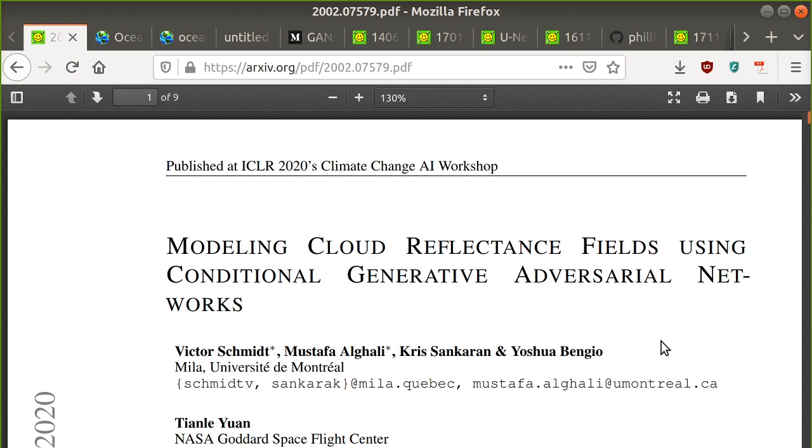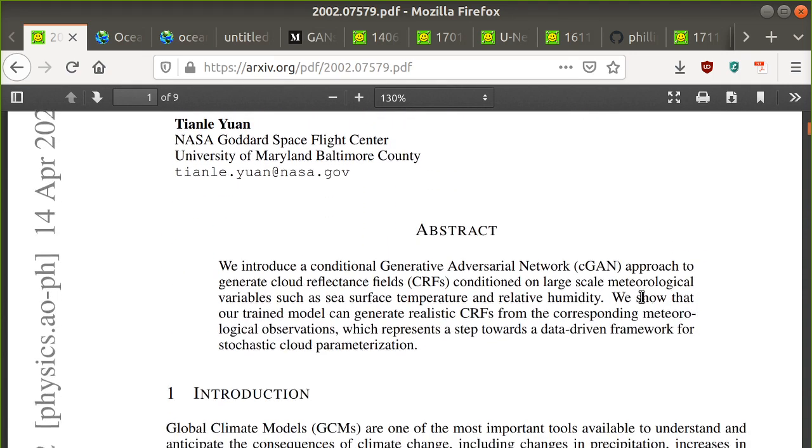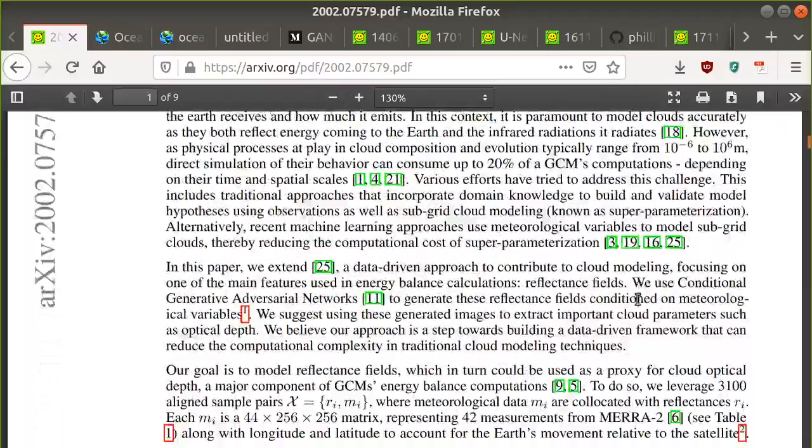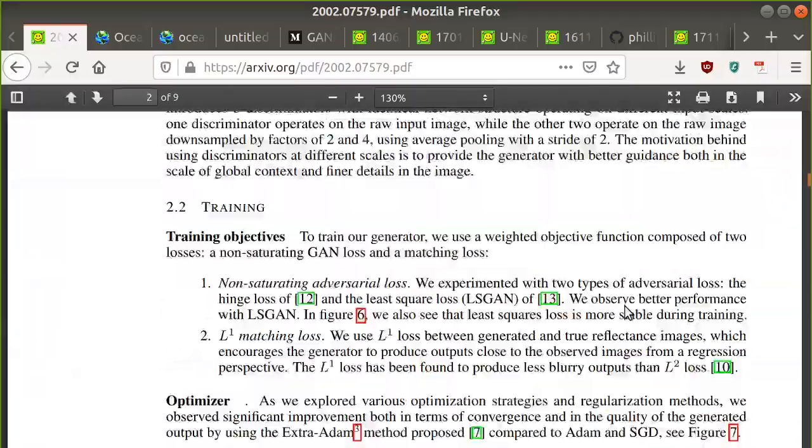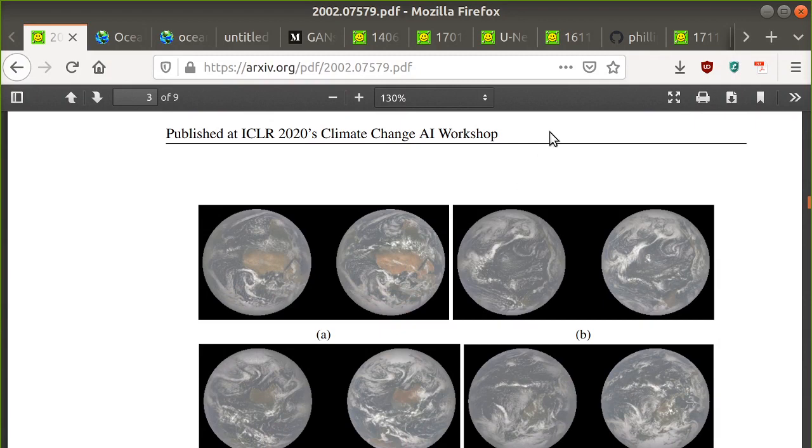So what are they trying to do here? Essentially, they want to generate pictures of clouds, these reflectance images of clouds, like this, from a bunch of meteorological variables like wind speed, temperature, a few others.